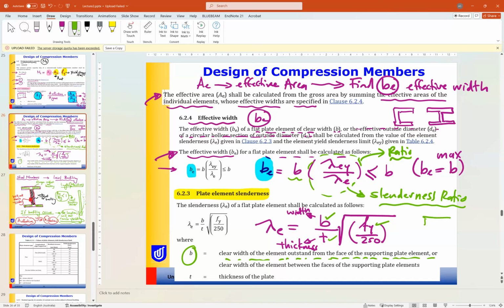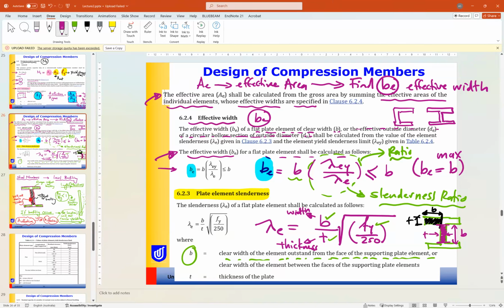For example, if you have this I-beam, do you know what is B for the flange? B for the flange is from this part here. So this is our flange B in this case, and this is T. For the web, this part here will be our B for the web, and this is our T for the web.